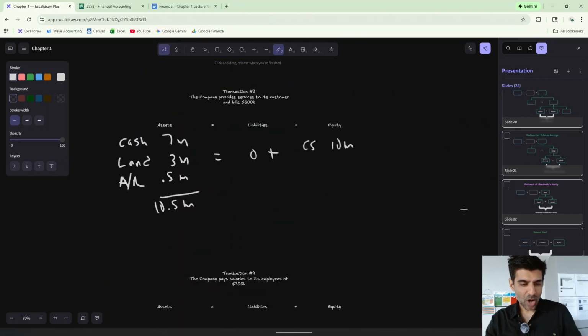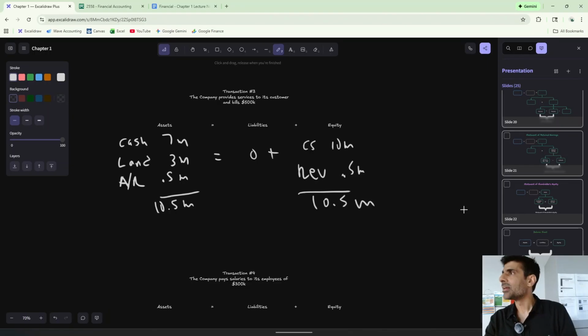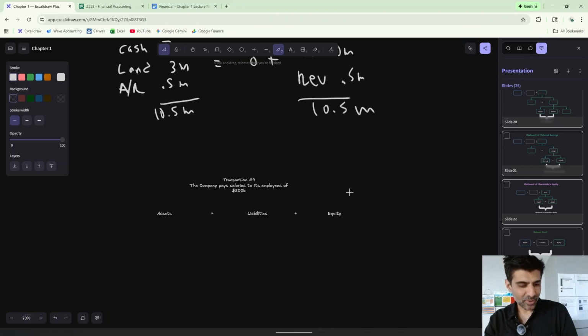We now have common stock 10 million, and then we have revenue 0.5 million. So now on this side, we also have 10.5. Okay, so we still are balanced. Does everyone see this pattern? Yes, it's starting to make sense a little bit. Okay, so let's do this next one.